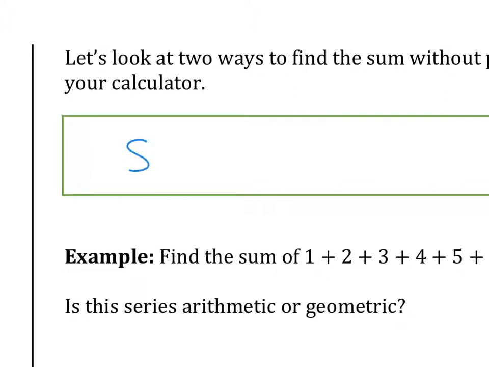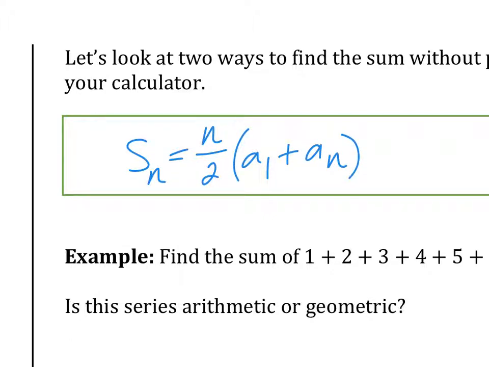S sub n equals n divided by 2, times the first number plus the last number. Like when we added from 1 to 100, there were 50 pairs. So take the number of terms, divide by 2, times the first number plus the last number.